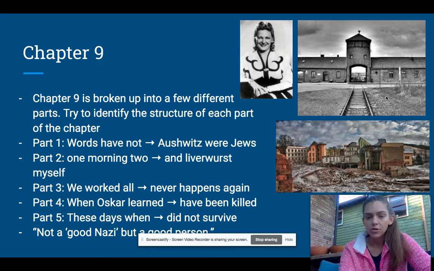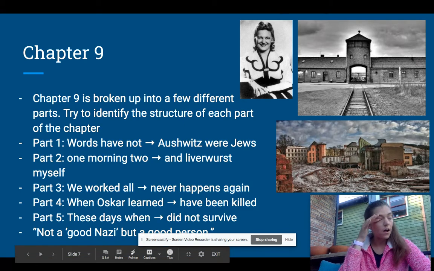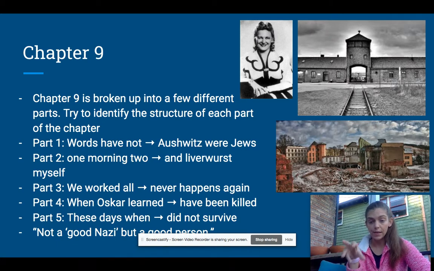We have a couple more pictures of Auschwitz over here. This is kind of where the prisoners were taken into on the transport or the train. And then down here, this is a picture of the ruins of Oskar Schindler's factory. So remember, Oskar Schindler was on this very extensive mission to move his factory from Krakow over towards near Plossuf, the concentration camp.